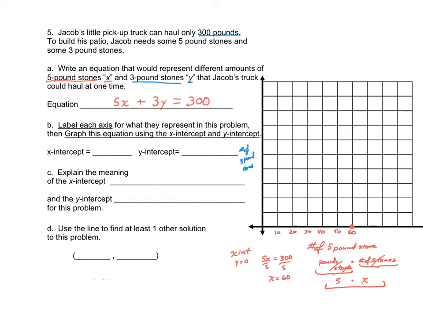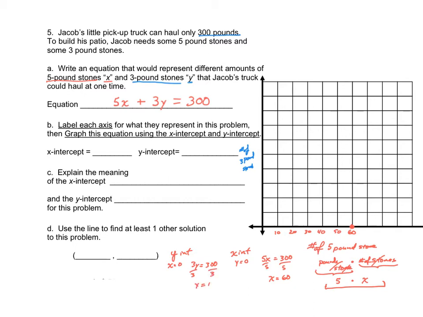There's my x-intercept. Now for my y-intercept, I'm going to let x equal 0. So we're pretending that he's not going to buy any 5-pound stones, only 3-pound stones. He can carry 300 pounds. So that would be 3y equals 300. Divide by 3. Because x equals 0, the x term dropped out.